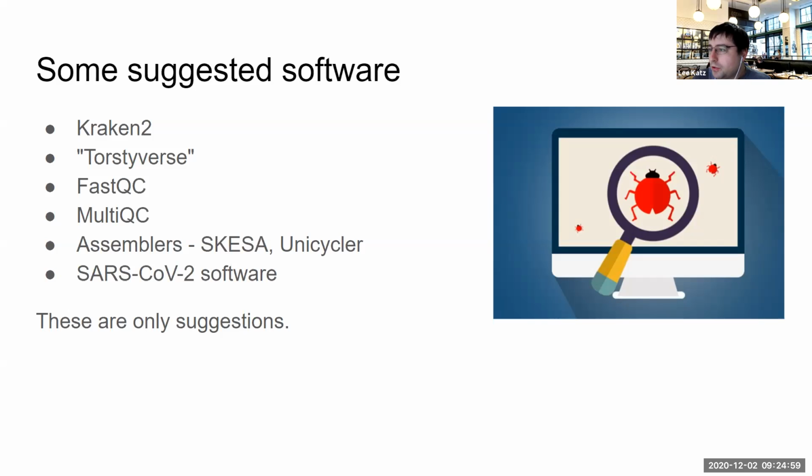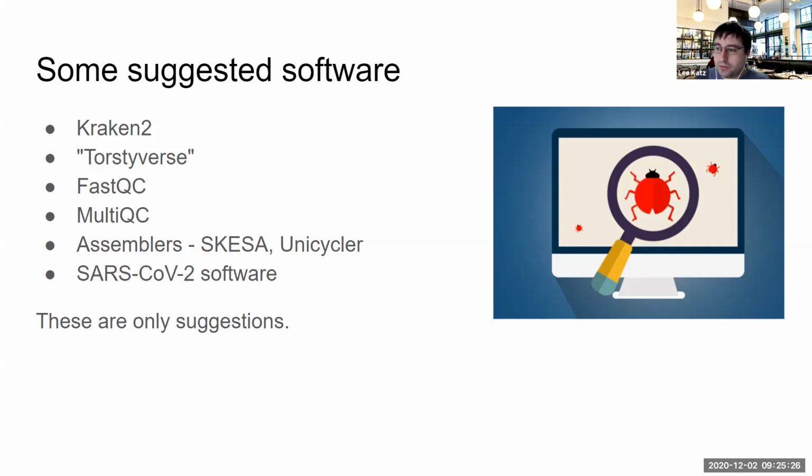A lot of people joined just for the thrill of it, and I appreciate it. And they said in their registration, I don't know what I want to test. So that's fine. Here are some suggested software if you don't know, and if you do know, then you can ignore this list. Some software that we found out there that don't already have unit tests that would be great for us include Kraken 2.